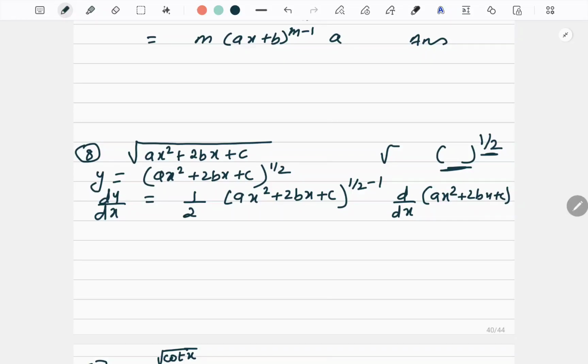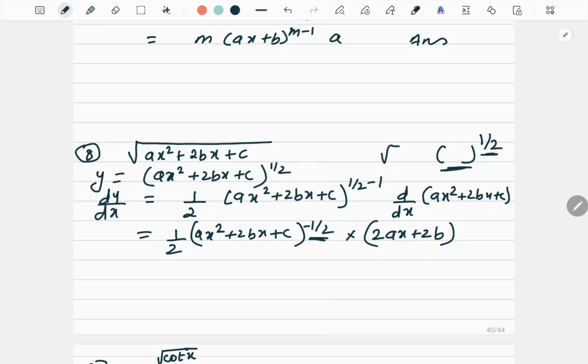Like in the previous question, d by dx of ax plus b I wrote. Now this becomes 1 by 2 (ax square plus 2bx plus c) to the power minus 1 by 2, into 2ax plus 2b. So this is my answer.